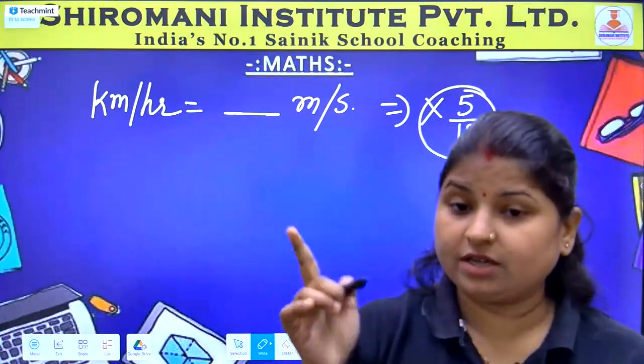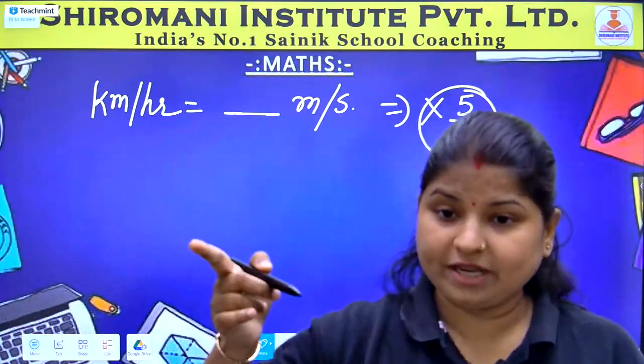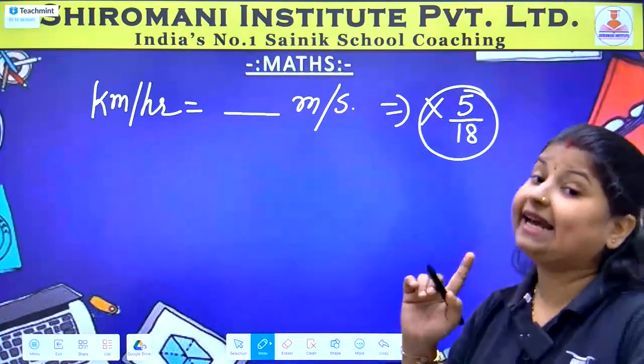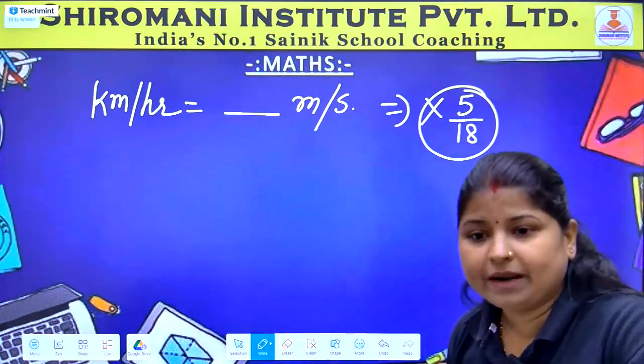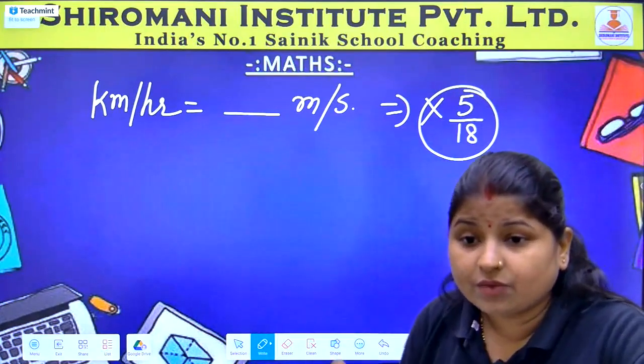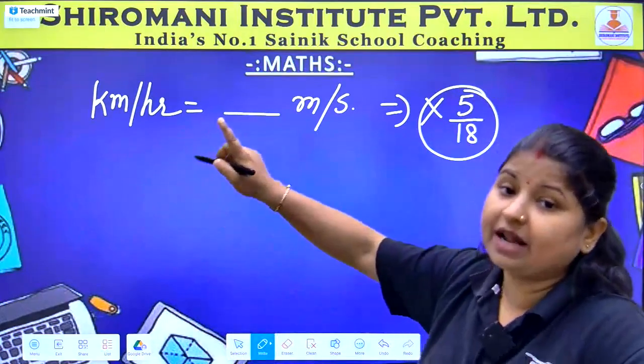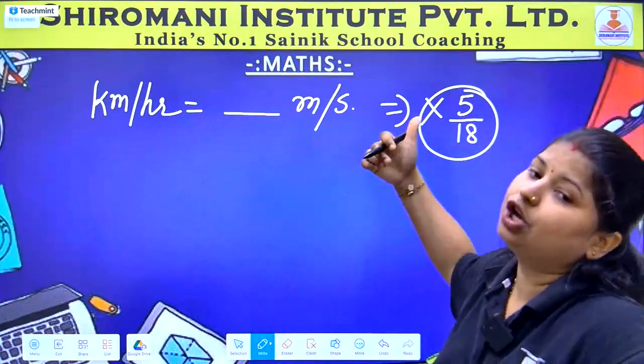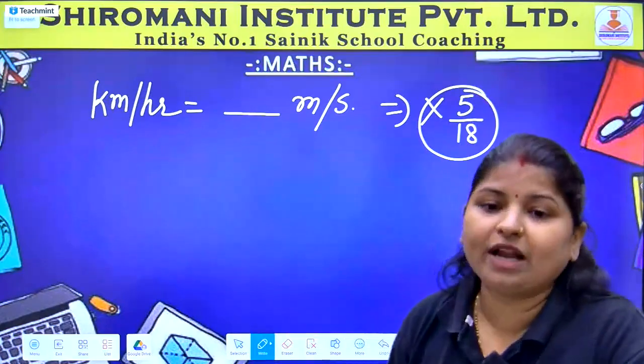When we convert meter per second into kilometer per hour, we multiply by 18 upon 5. But when we convert kilometer per hour into meter per second, you will multiply by 5 upon 18.